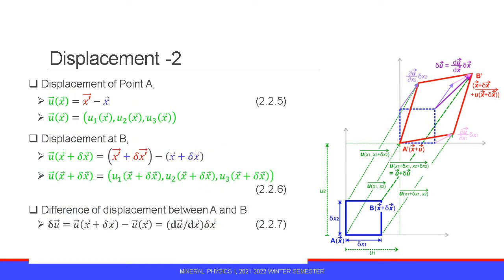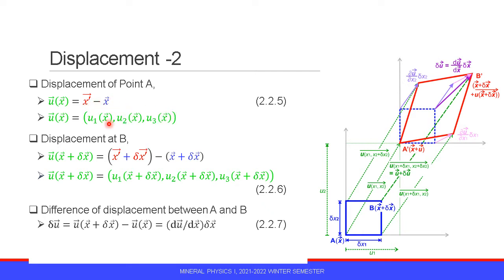Then the displacement of point A, which is expressed using the vector u at vector x, is equal to vector x prime minus vector x.